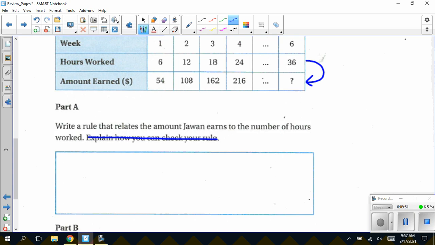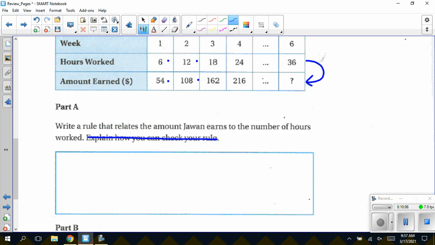So I know that if I go from 6 to 54, I'm taking 6 times 9 to get that 54. 12 to 108. Again, I know 12 times 9 equals 108.